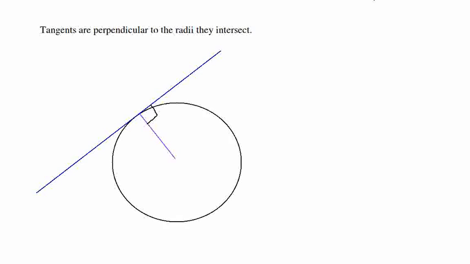The purple line segment is the shortest line segment with one endpoint at the center of the circle and another endpoint on the blue line. So all other line segments are going to be bigger in length, and that'll help you to establish this. That's a hint. Now we're going to use this to do some exercises.